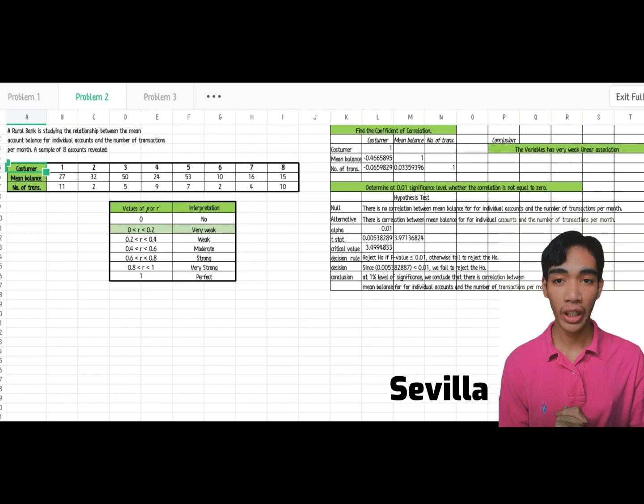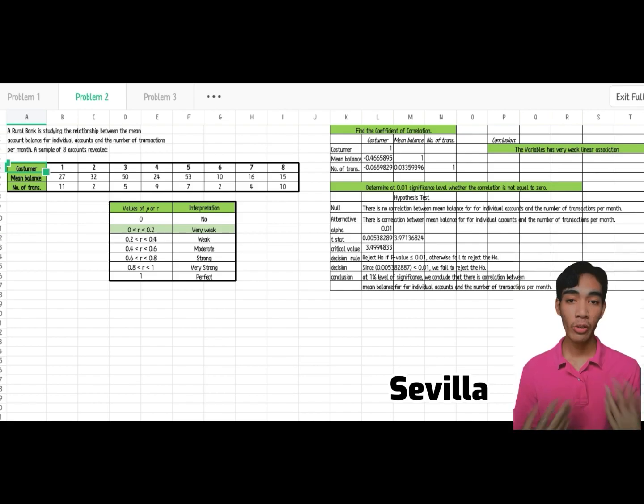And 0.8 to less than 1 is very strong. 1 is perfect. And the result of the conclusion is that the variables have a very weak linear association.